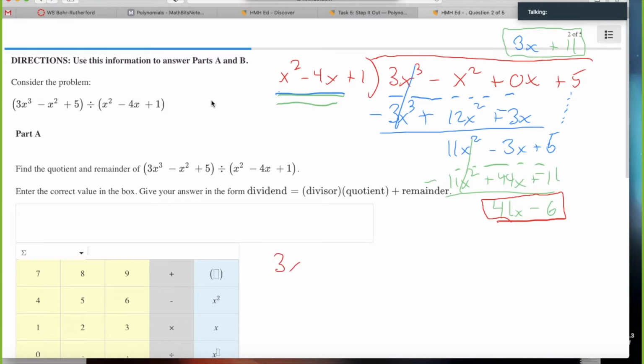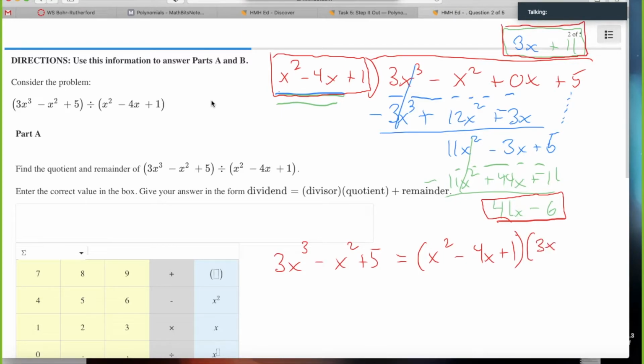That's going to be 3x cubed minus x squared plus 5, which is equal to the divisor, that's this guy, x squared minus 4x plus 1, times our quotient, that's this guy up here, 3x plus 11, plus our remainder, which is 41x minus 6.